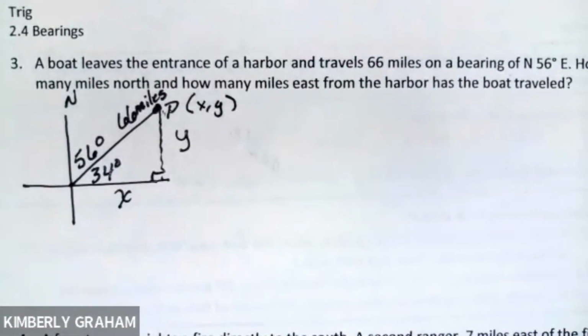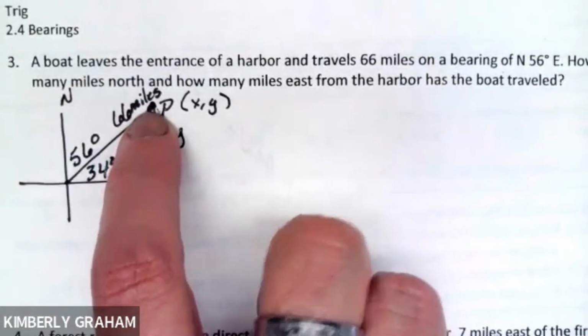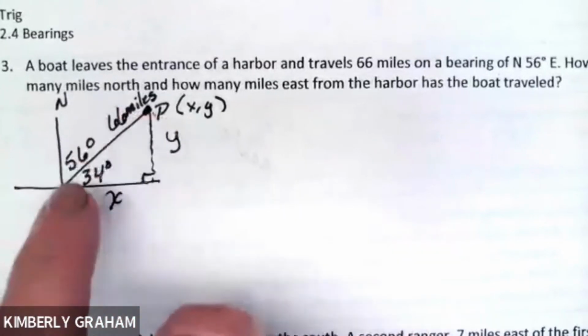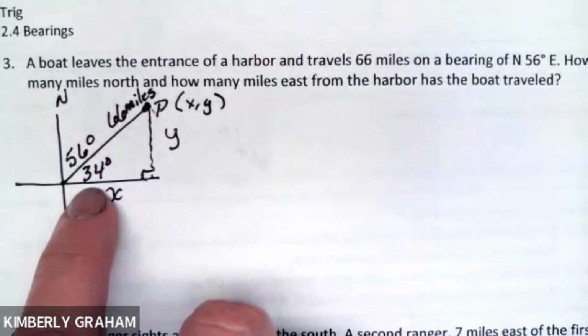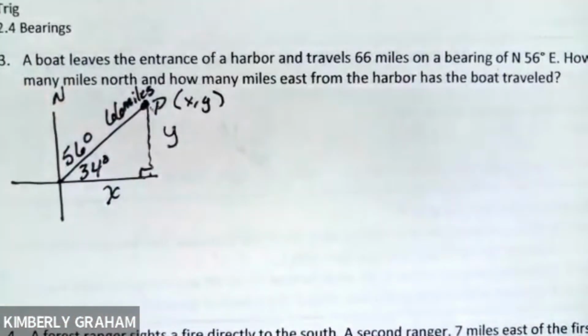So now I can look at the sine of 34 degrees to be opposite over hypotenuse, so y over 66. And then I could use the cosine of 34 degrees as adjacent over hypotenuse, so x over 66.